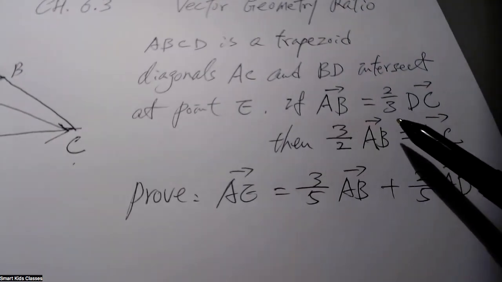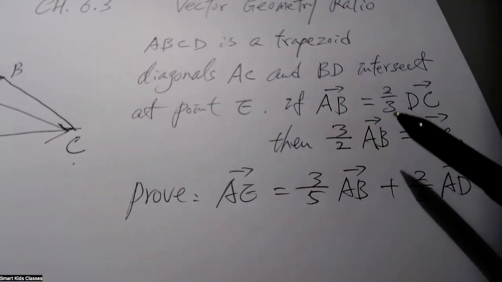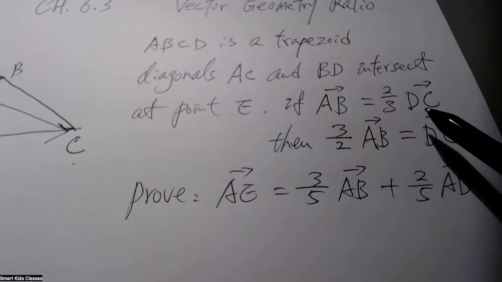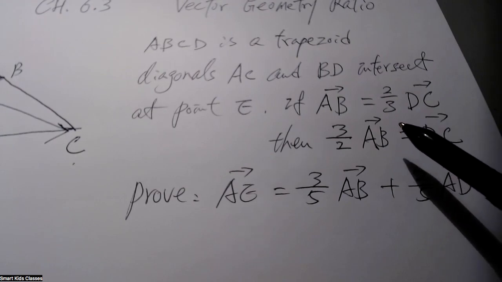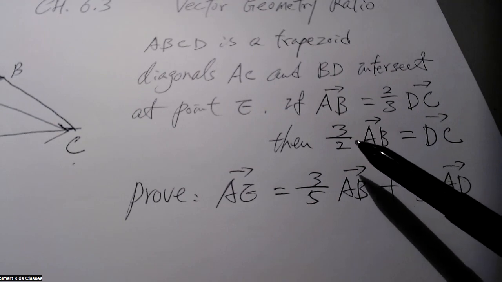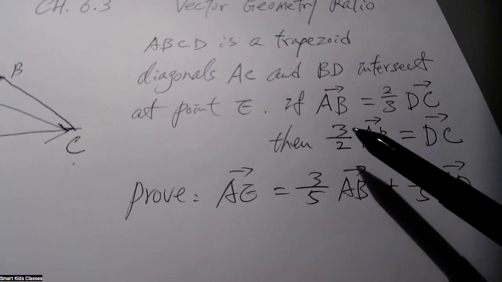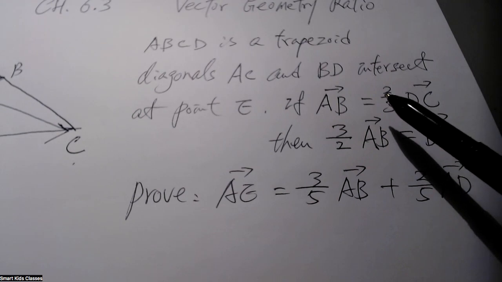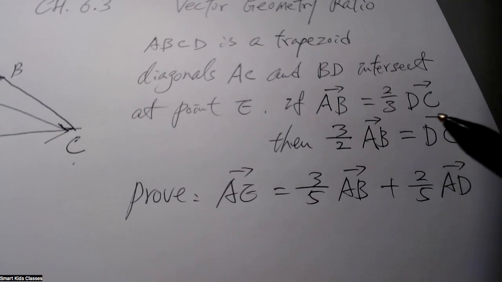So that's the given element. Now, DC equals how much? It's going to be equal to 3/2 times AB, the reciprocal of the fraction 2/3.